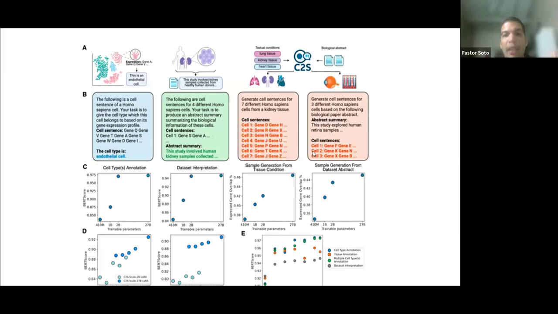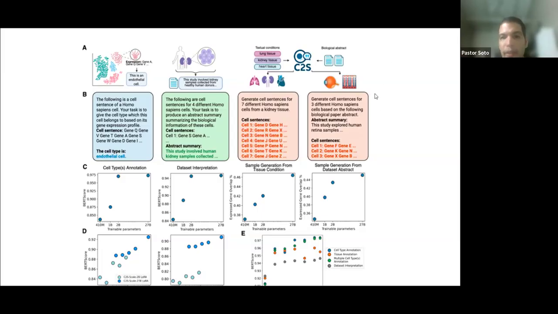But they also have generative capabilities. They generated cell sentences for 7 different Homo sapiens cells from a kidney tissue, and they provide different variations of cell sentences based on what you provide here, using all the contextual information that they have.